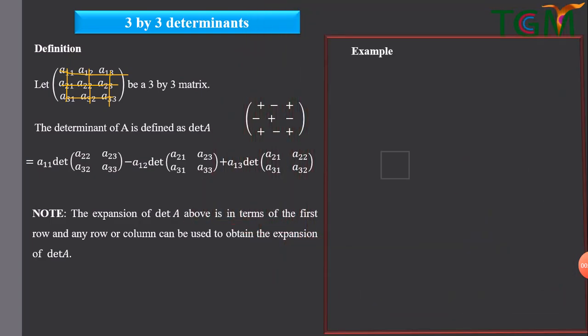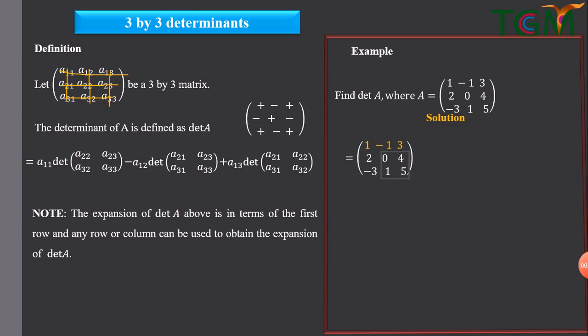Let's look at this example. We are finding the determinant of A, where A is equal to the matrix 1, negative 1, 3, 2, 0, 4, negative 3, 1, 5. The determinant of A will be equal to, now we are considering the first row, so we'll be using entries in the first row.